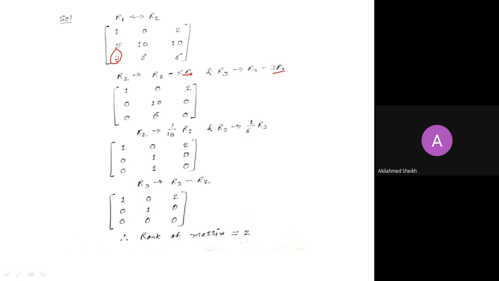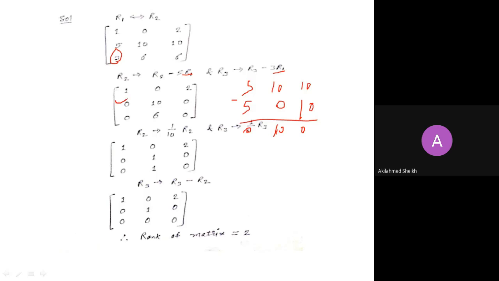Here the R2 elements are 5, 10, and subtracting 5 times R1, multiplying 5 by R1, we get 5, 0, 5 is 10, and subtracting the terms, we get 0, 10 and 0.